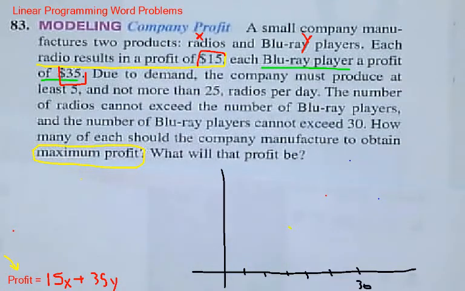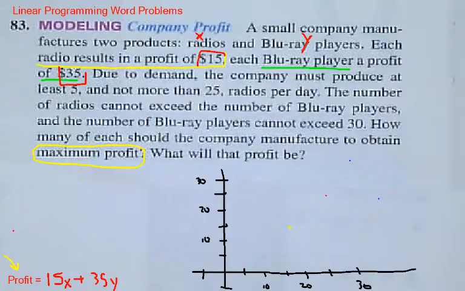That's 30, and that's 20, and that's 10. And then we'll do the same thing up here. 5, 10, 15, 20, 25, 30. So that's 30, that's 20, that's 10. We did it.